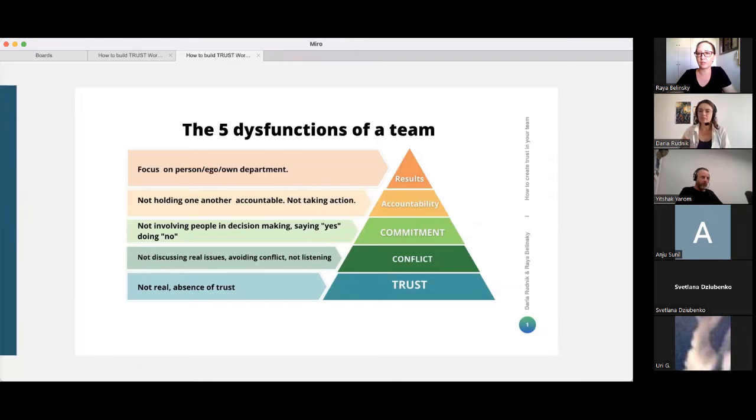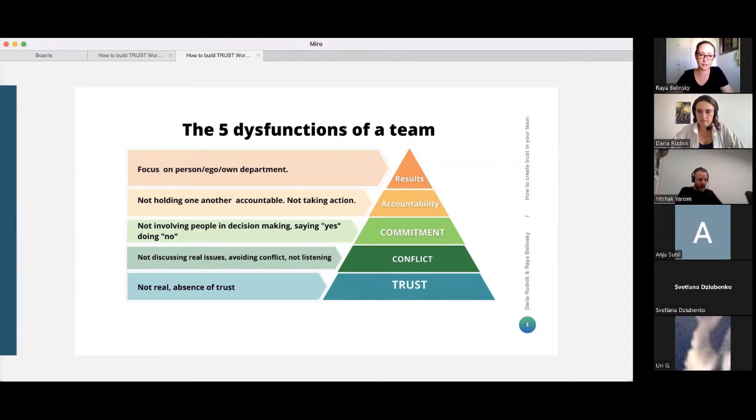But when we look at the effectiveness of teams, trust is the basis of everything, because when we have trust between people, we can share our opinions, we can solve conflicts, and then we can create commitment, accountability, and great results.